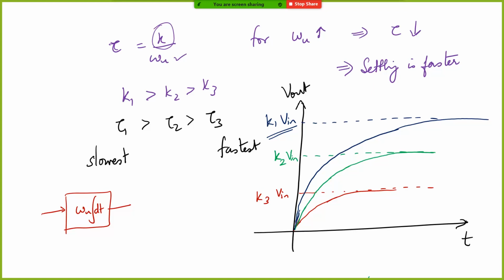Depending on the particular application for which you're designing your analog circuit, you have to trade off these things. Suppose you have very large steps, you have to make sure that omega u becomes higher so that you are able to maintain the time.